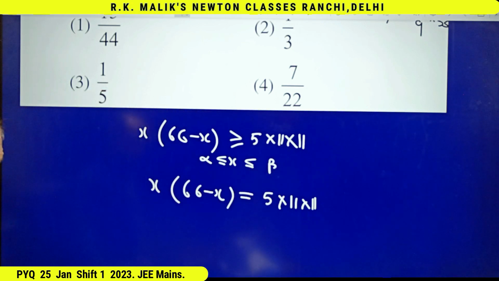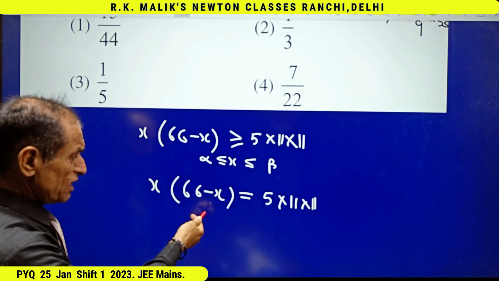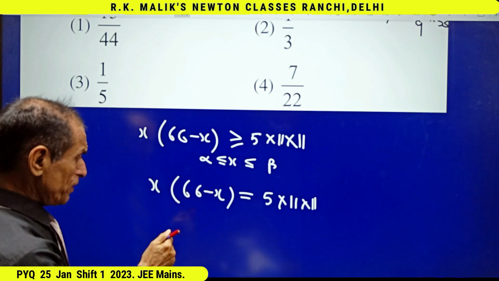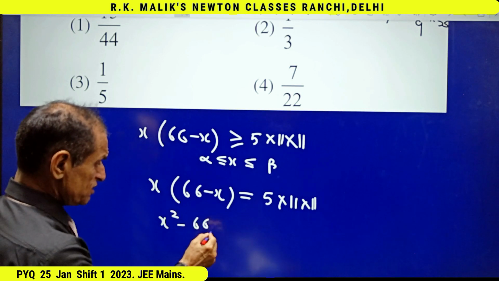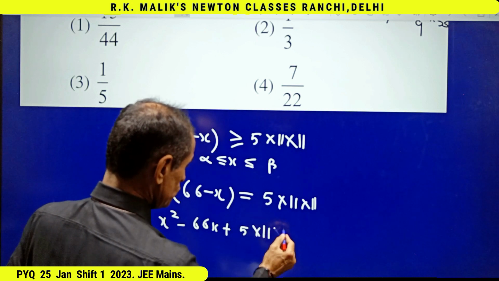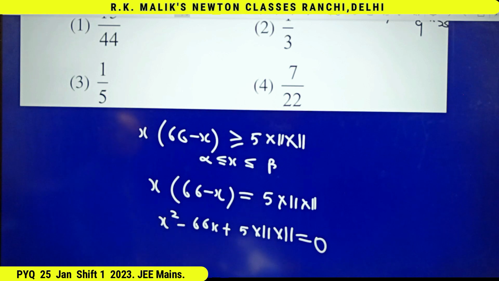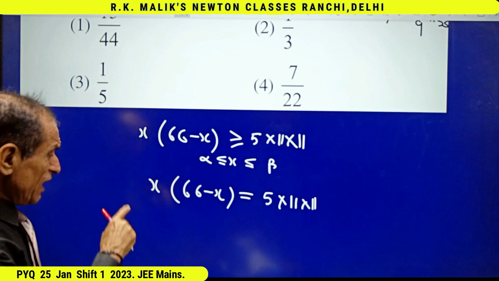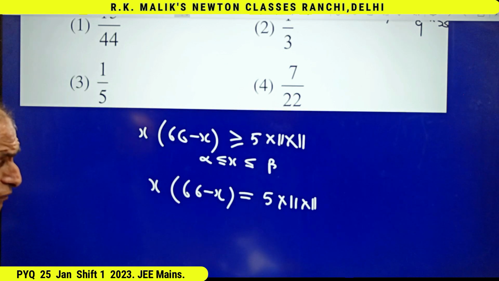But it is very difficult to solve this as a quadratic equation in x, because if I open it, I will get x² − 66x + 5 × 11 × 11 = 0, and finding the roots of this is a very difficult job. But because x is given to us as an integer, this is very helpful.